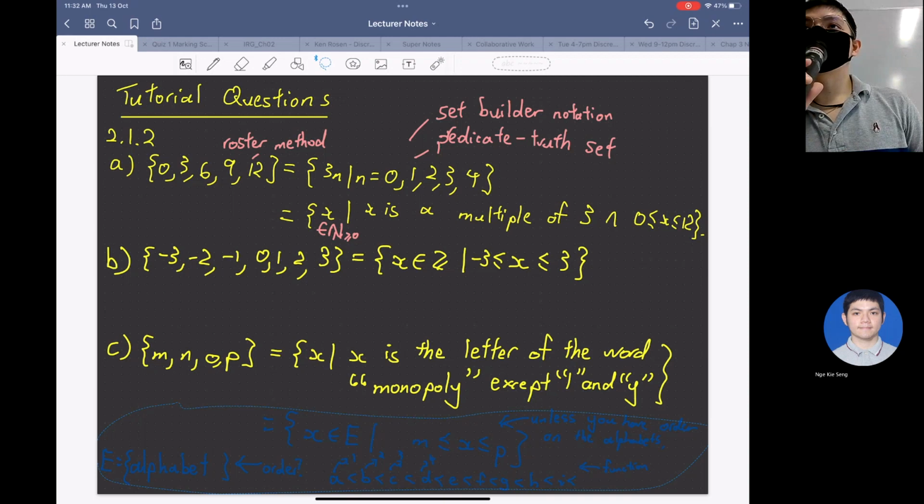You skip which one? You skip C. Very smart. Very interesting. Skip C. Anyone try C or not? Anyone try C?